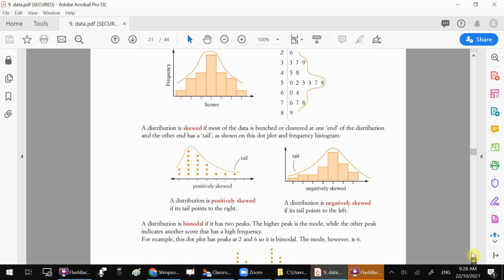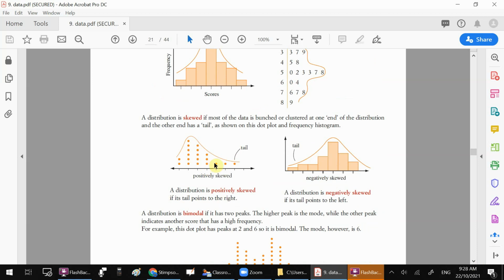Okay. Now you can see obviously these two are not symmetrical because there's the centre, and it's definitely not evenly spread about the centre here or here. There's our centre. We've got a bit of a massing of data. This one is to the left of centre, and when that happens, it's called positively skewed.